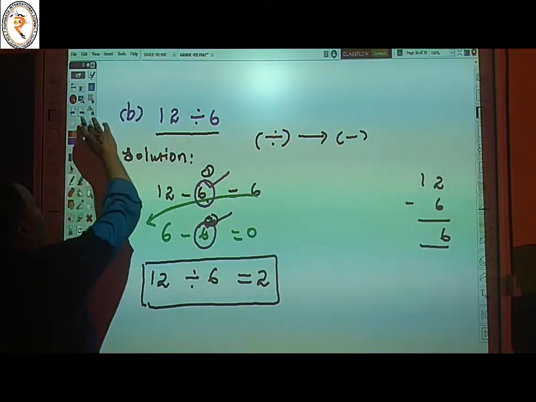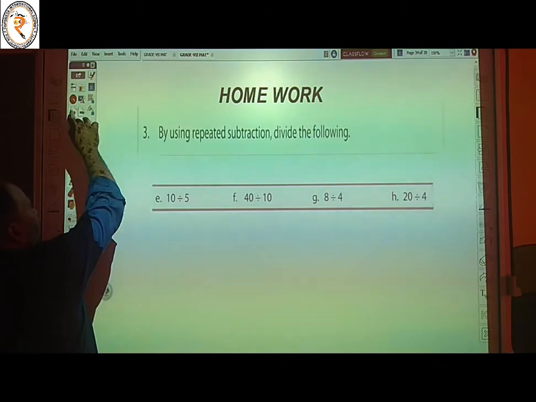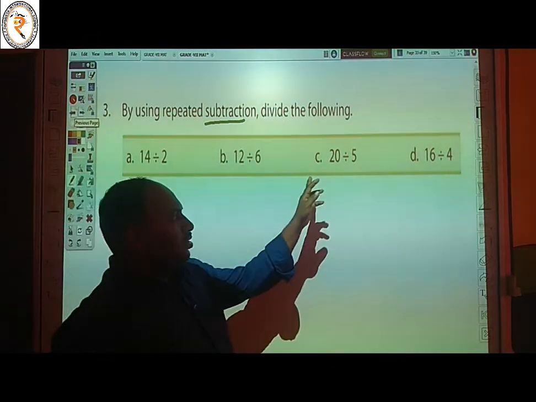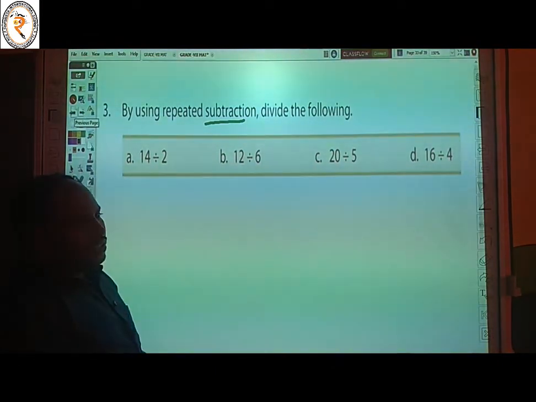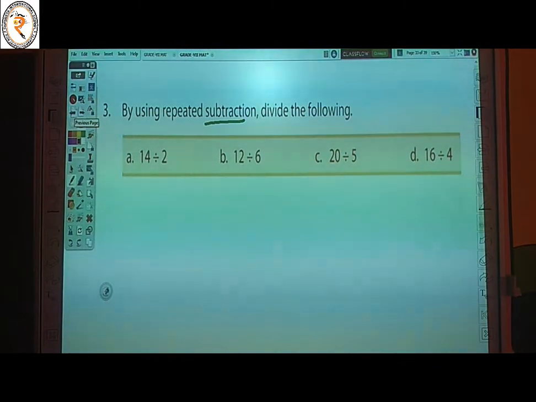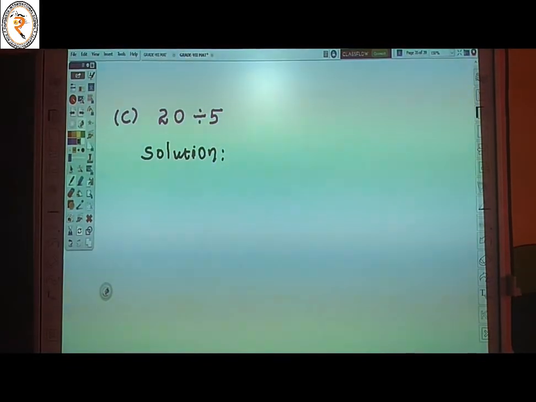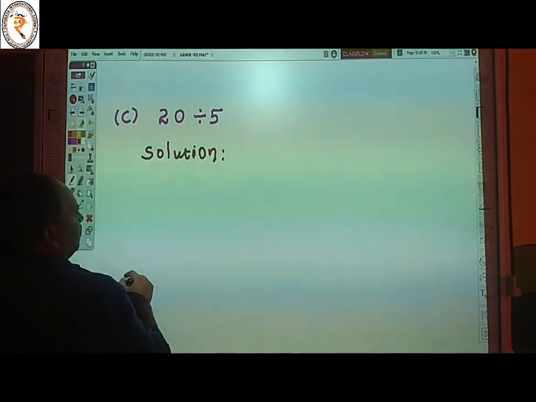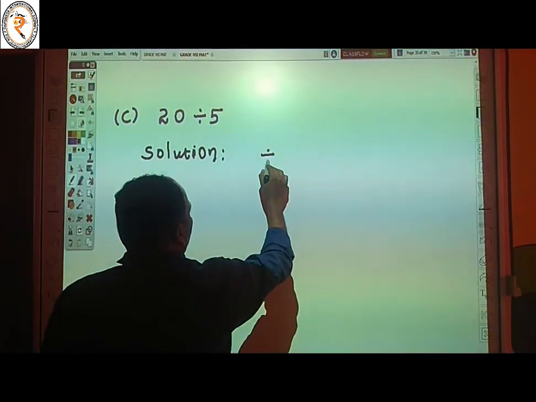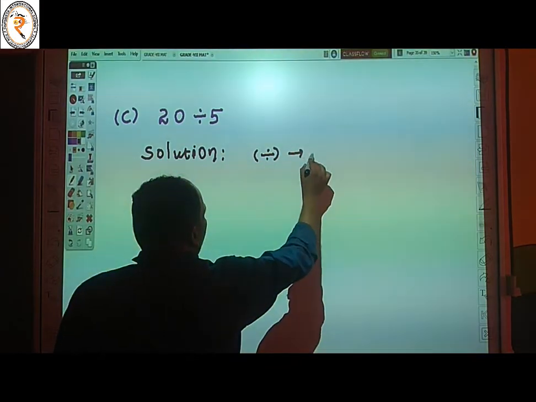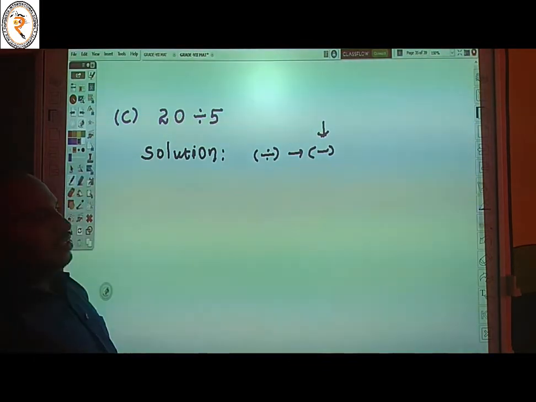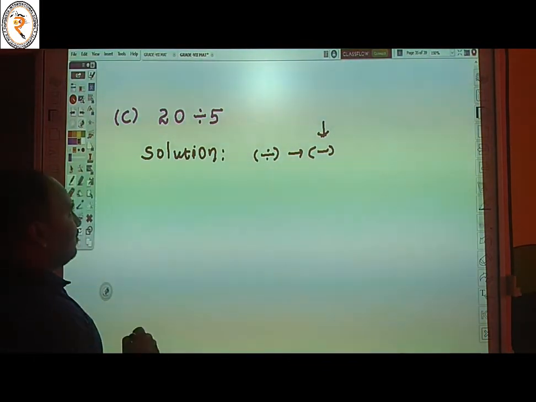The next one. Third one. 20 divided by 5. So you want to do 20 divided by 5 by using the subtraction method, because division means repeated subtraction.